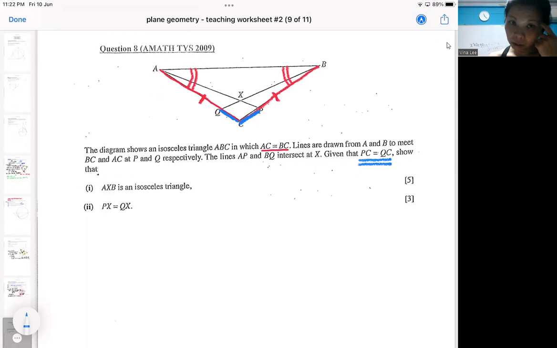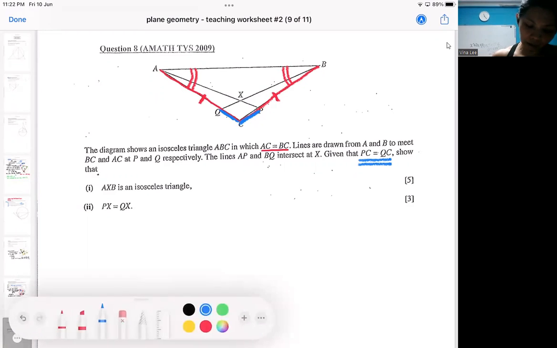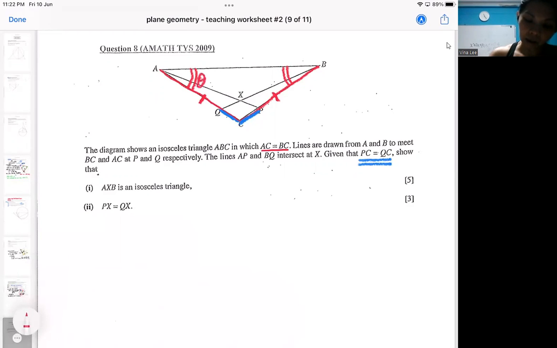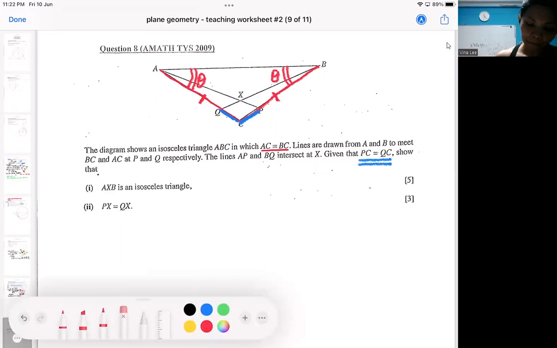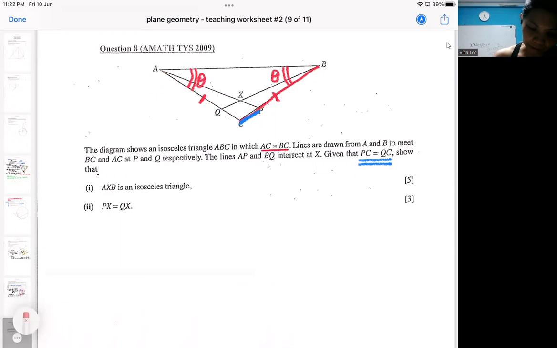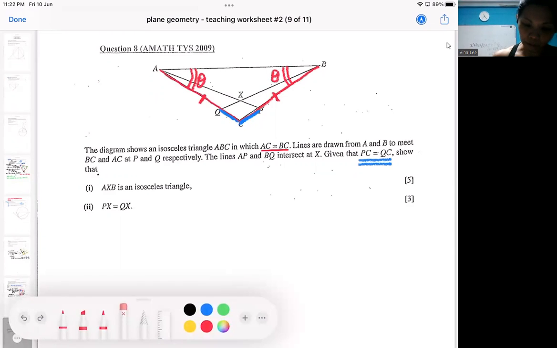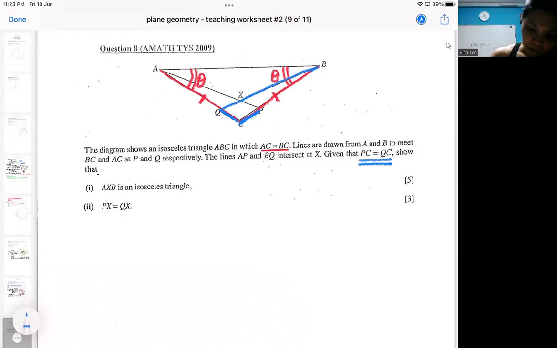Okay, so I think the red angle is quite easy. The red angle can be theta. The blue part, I'm going to form congruent triangles.